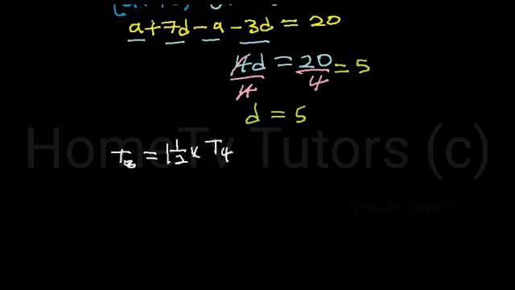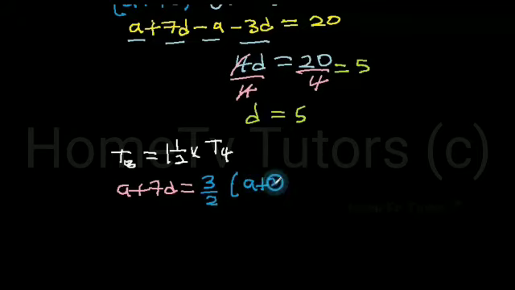So now we also substitute the same values for T8, which is A plus 7D, equals, so now we quickly convert the mixed fraction to an improper fraction. 2 times 1, 2 plus 1, that gives us 3, so we have 3 over 2, then multiply T4, which is A plus 3D.